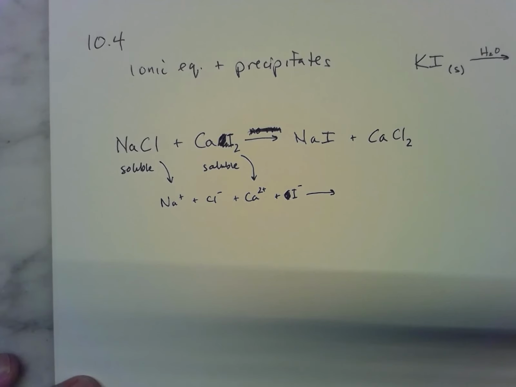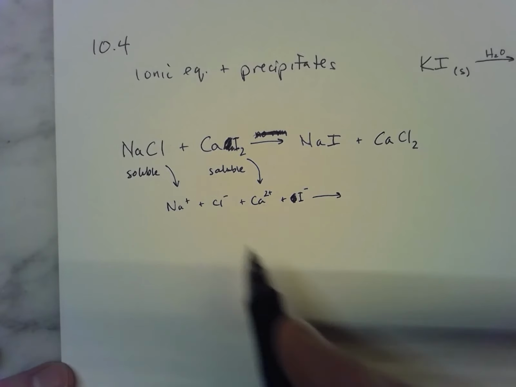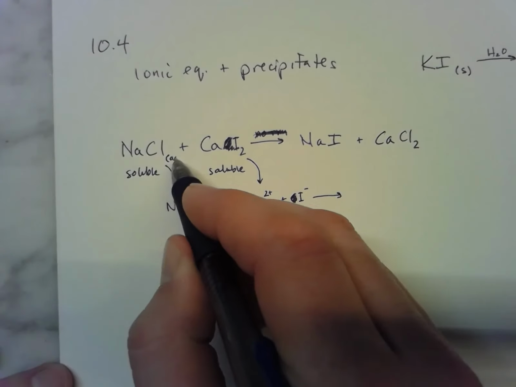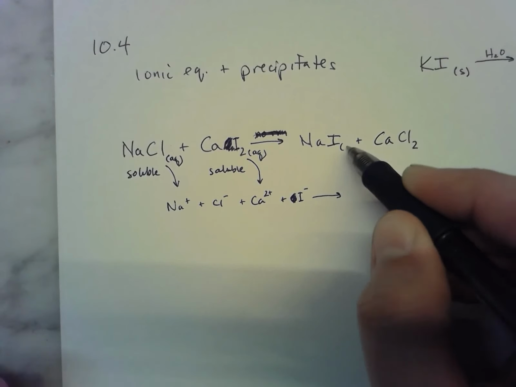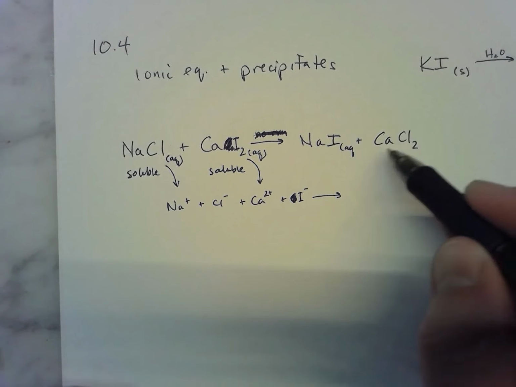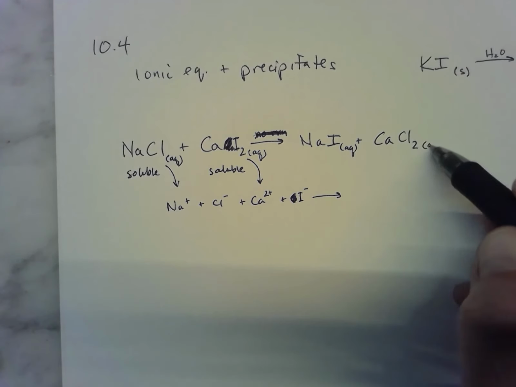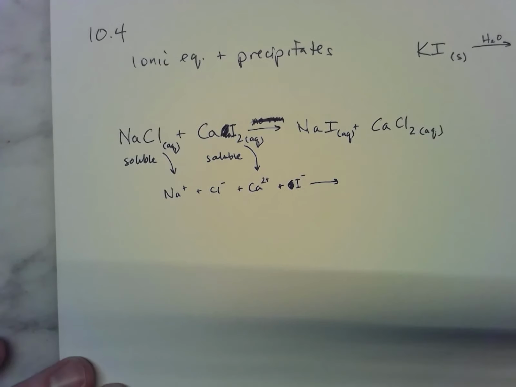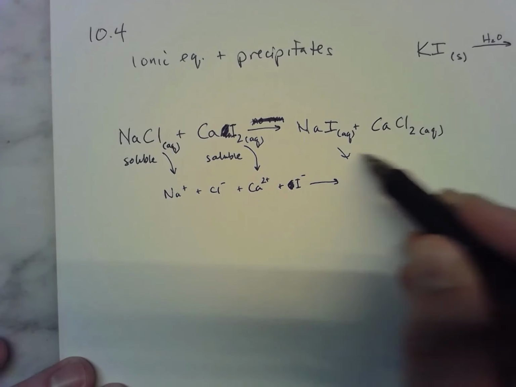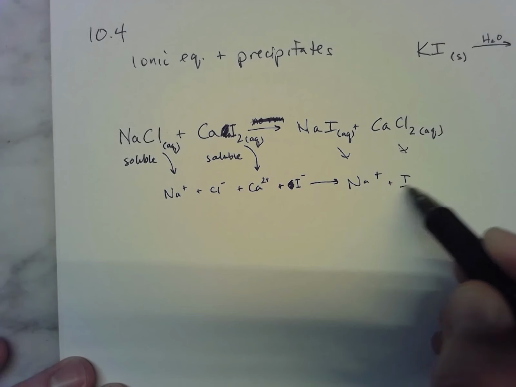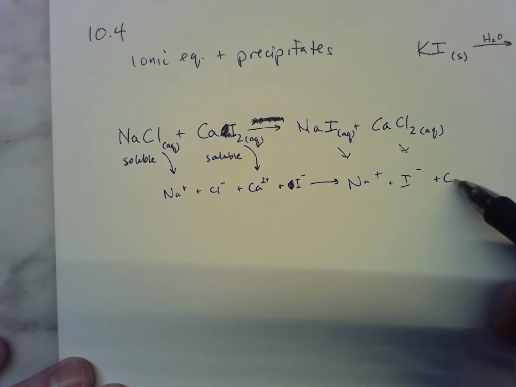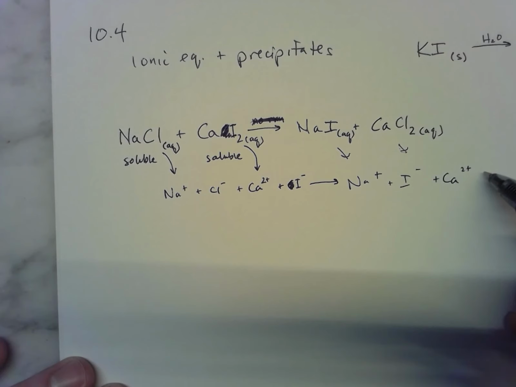Okay. Well, let's write what actually happens. Where are our phases? This is aqueous. This is aqueous. Still in water, so it's aqueous. And also aqueous. So if we write this and then we complete this down here, what's this? This is still Na plus and I minus plus Ca2 plus and Cl minus.